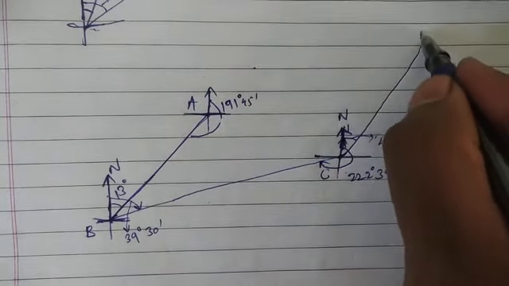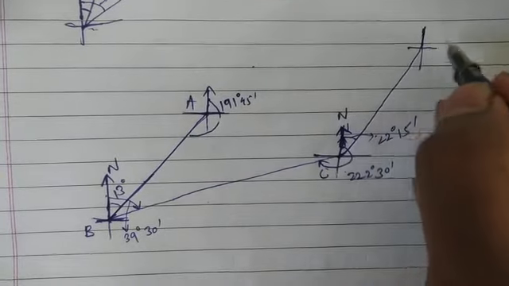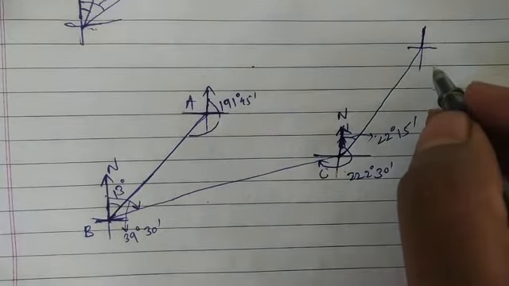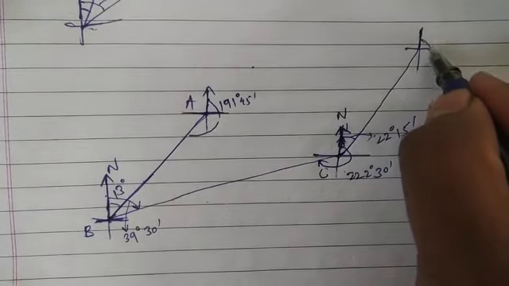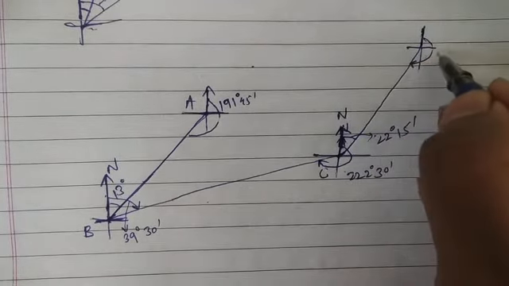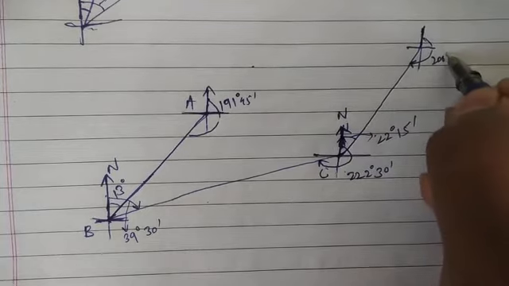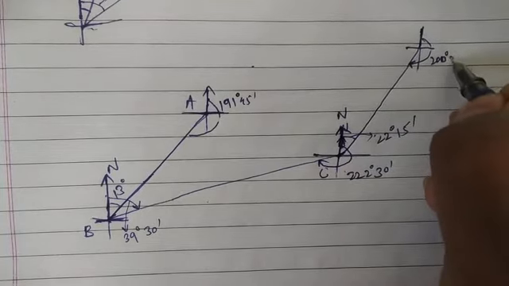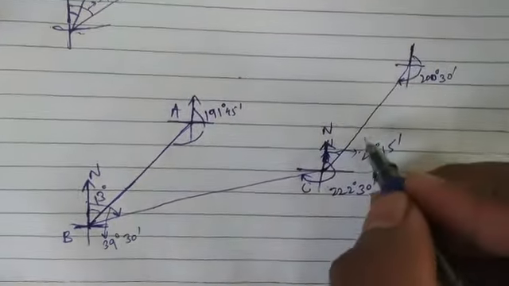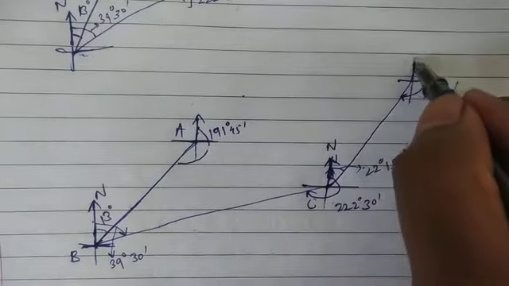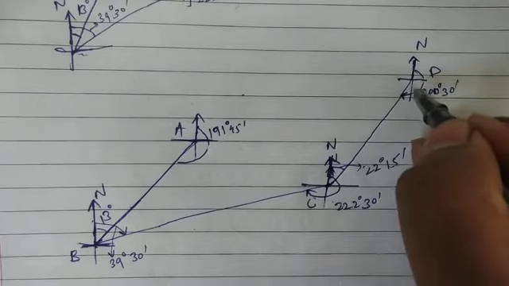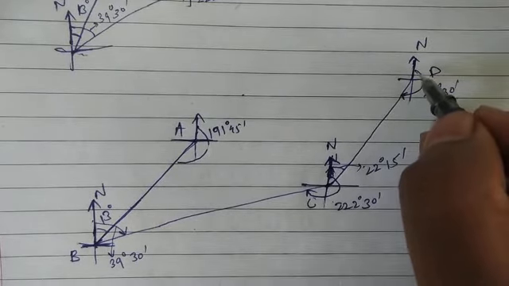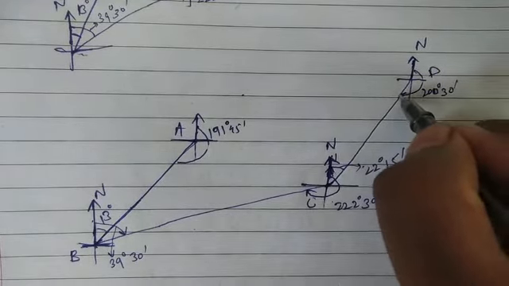Whereas the back bearing of line CD is 200 degree 30 minutes, again with respect to north, and this point is D. This is the back bearing of CD, which is taken at D.